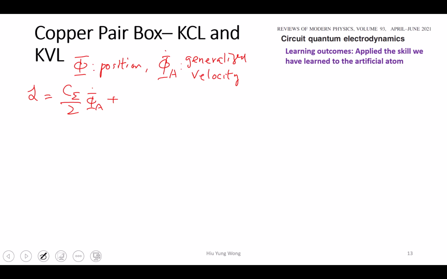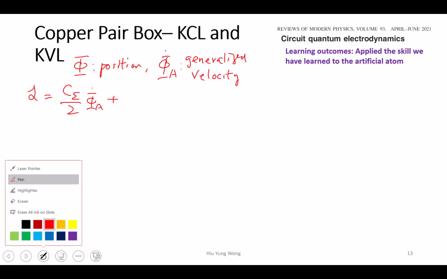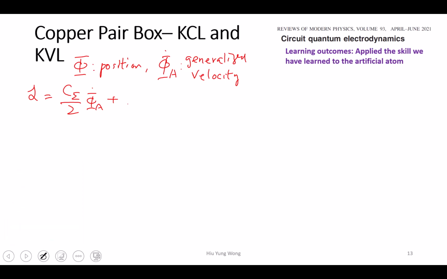Let me jump this step. Oh, actually, I cannot construct. I'm sorry. So how do you construct the Lagrangian? You need to guess the Lagrangian first. Okay. So I need to make this very clear. That's why I got lost.